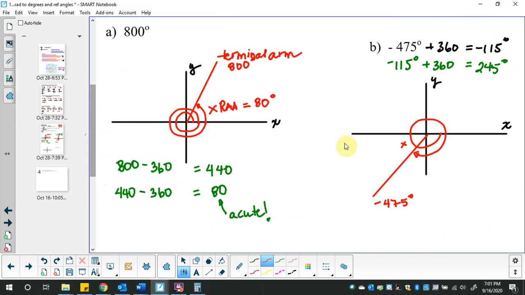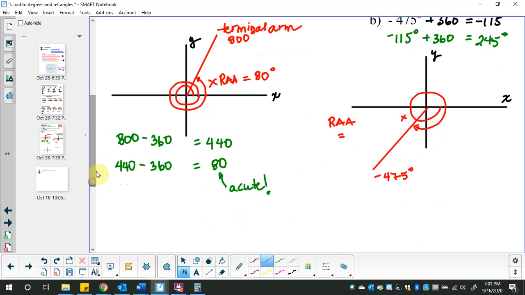This guy. So we have to figure out what that value is. And hopefully you can figure out that pretty easily. If this is 245 degrees, and this is 180, then subtracting them will give you the space in between.